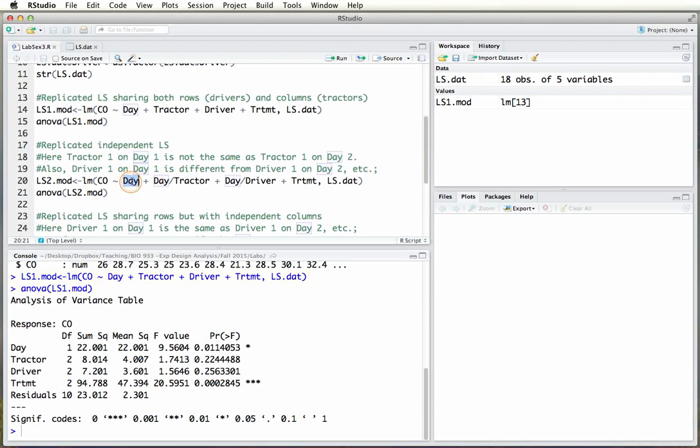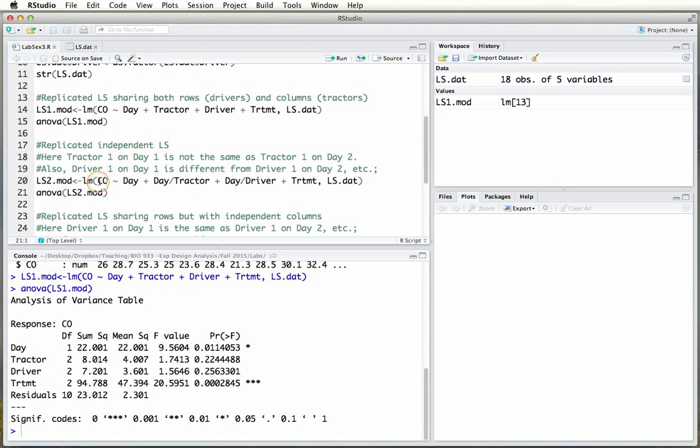Day appears as it did before, treatment appears as it did before, but now tractor appears with day in front of it followed by a /. In other words, it's telling you that tractor is nested within day, or the level of tractor only makes sense if you specify which day you're talking about.